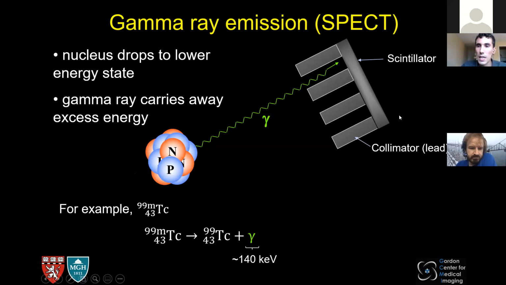You have your panel of scintillators and collimators that are used to detect those photons. The collimator is blocking basically all the photons that do not have a specific trajectory, so you basically have spatial information associated with the photons that you're detecting, okay? So this is how SPECT works.